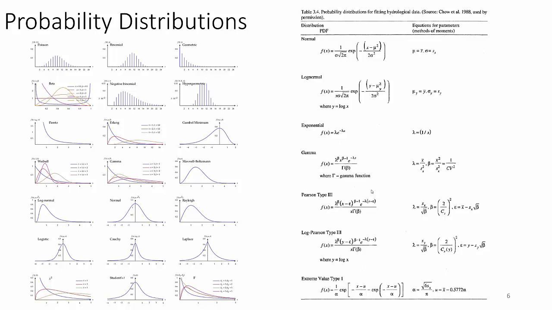We can do the same with the log transform versions of the mean and the standard deviation to create a log normal distribution. Exponential values, we can characterize the distributions if we know x. So these are fairly well-known and understood distributions.